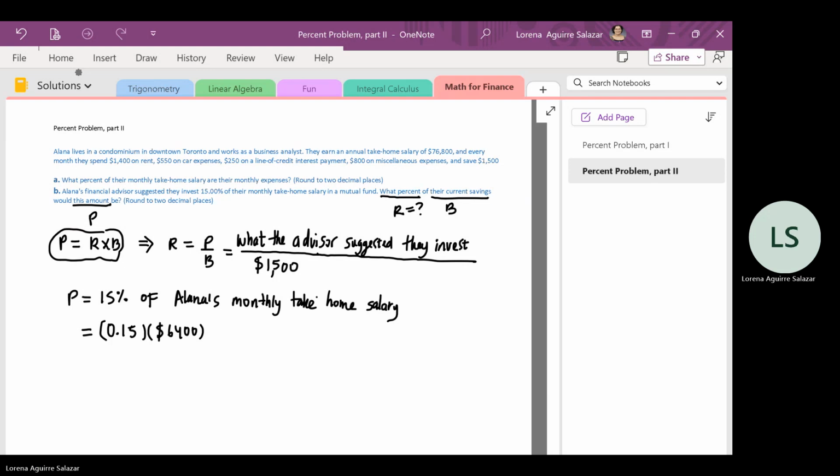So here we're applying R times B, but with a different R and a different B. R is 15%, and B is the monthly take-home salary.